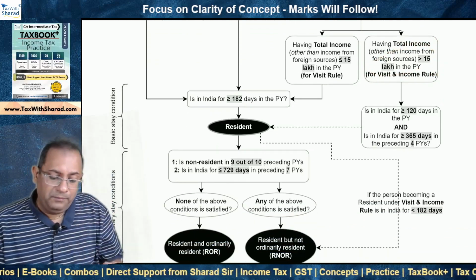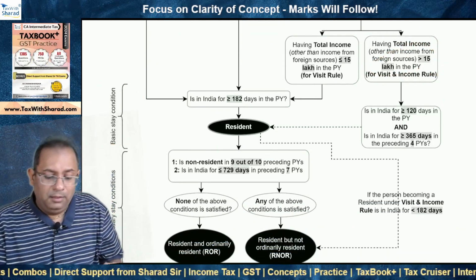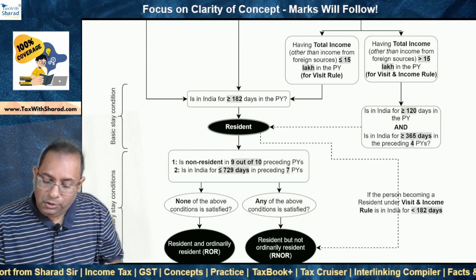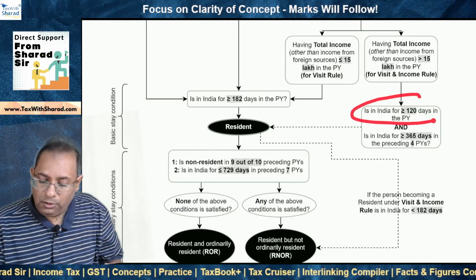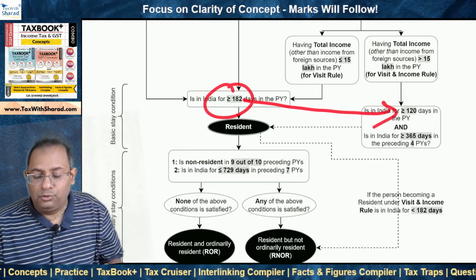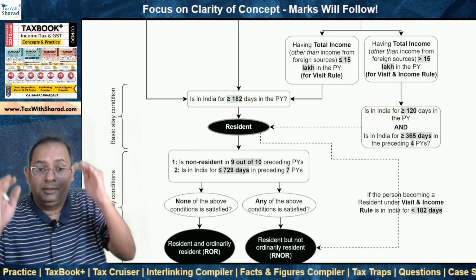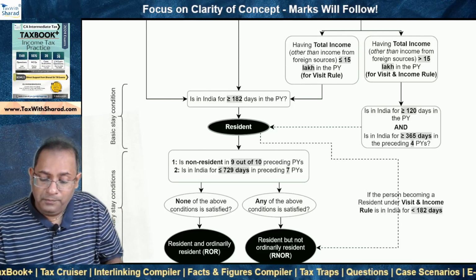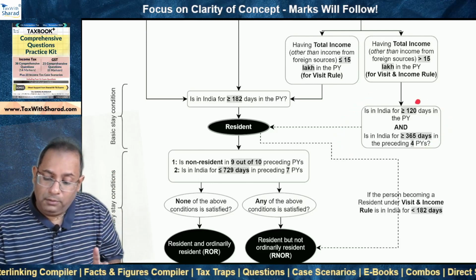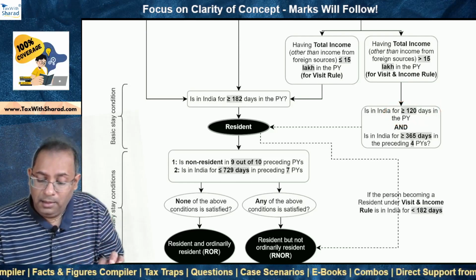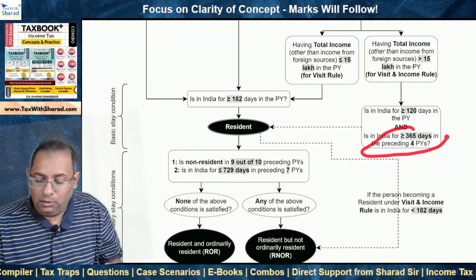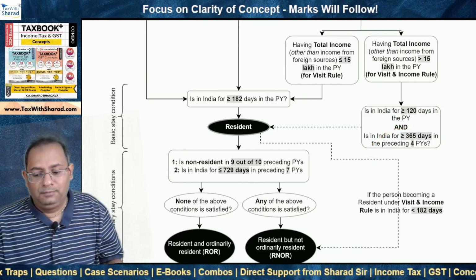So what we need to check, the basic stay condition in this case for becoming a resident is different. And what is the condition? The person should be in India for 120 days or more in the previous year. See, the threshold of 182 days has been reduced to 120 days. So the threshold is a lesser threshold to become a resident. But here, there are twin conditions for becoming a resident. The person should not only be in India for 120 days or more in the current previous year, but also should be in India for 365 days or more in the preceding 4 previous years.